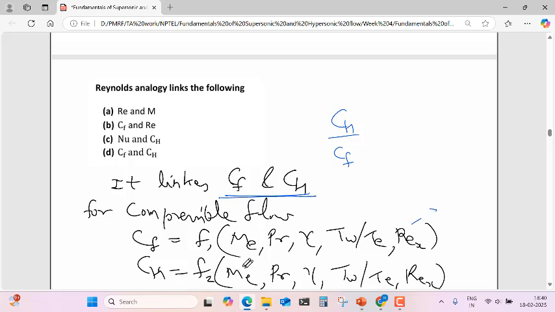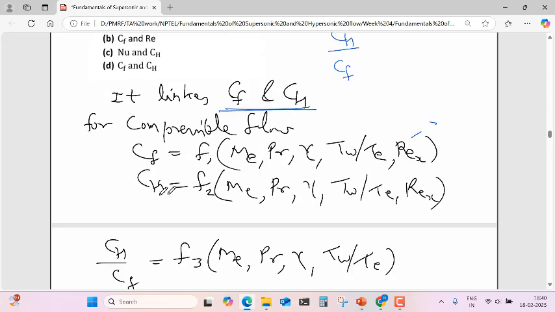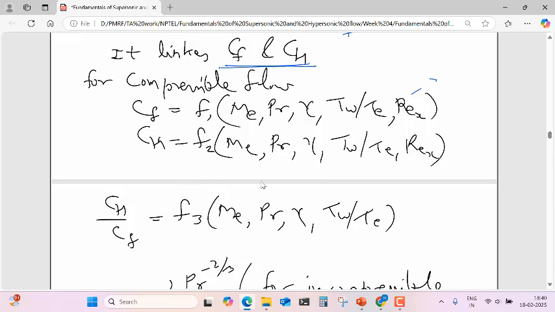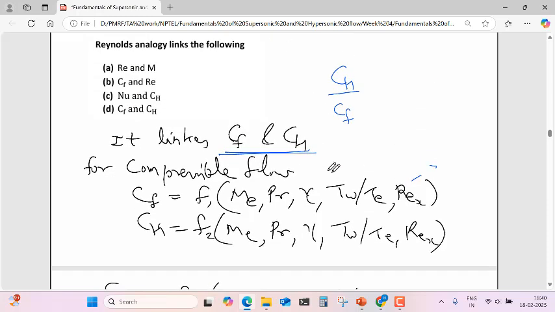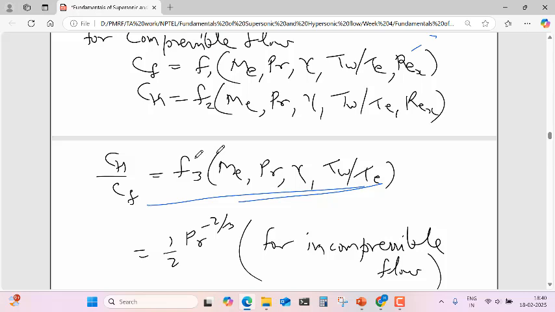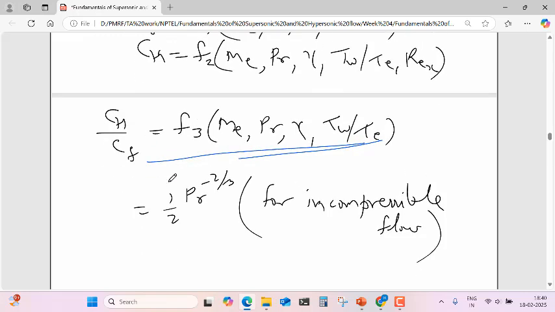And CH is also a function of Mach number, Prandtl number, gamma, wall temperature and edge temperature ratio, and Reynolds number. If you take the ratio of these, it becomes a function of Mach number, Prandtl number, gamma, and TW by TE. This is the Reynolds analogy. For incompressible flow, it becomes 1 by 2 Prandtl number to the power minus 2 by 3. This is an important result.